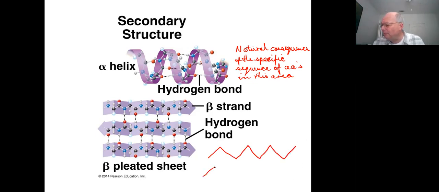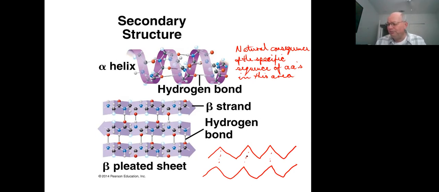And so when we get a number of these side by side, we get our hydrogen bonds between the adjacent pleated regions in the protein.